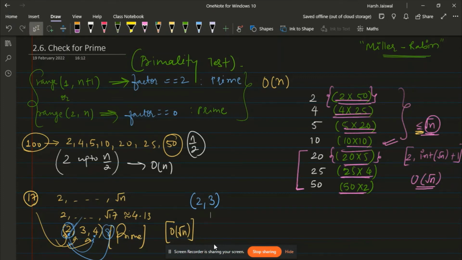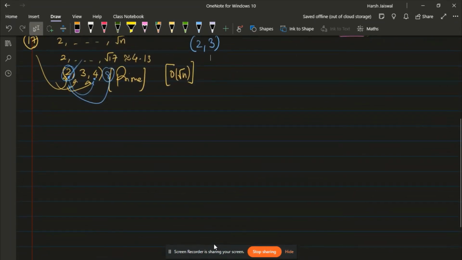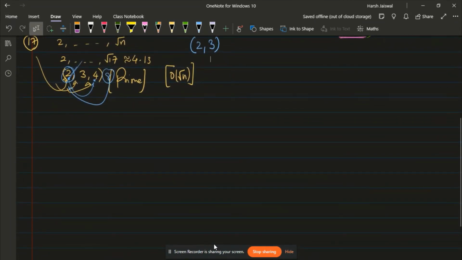Okay. Now we're going to improve, and I'm going to add a property which you might know, or might not, because this is basic mathematics, right? You need to know a few properties of prime numbers. The property is that all the prime numbers which are greater than 3 are of the form 6k plus or minus 1.